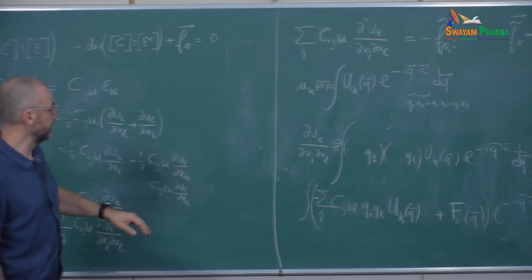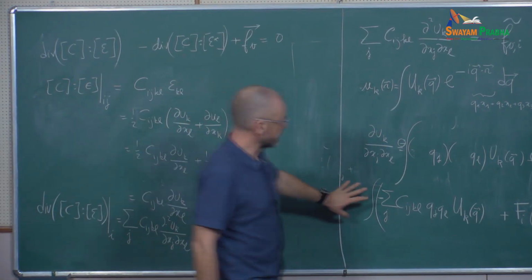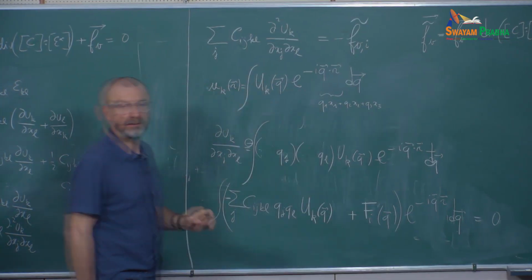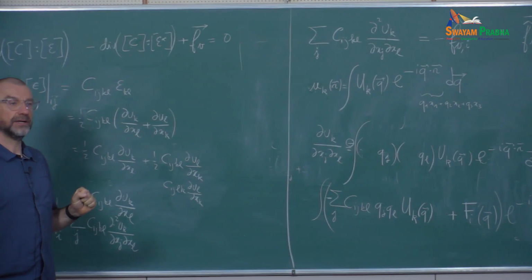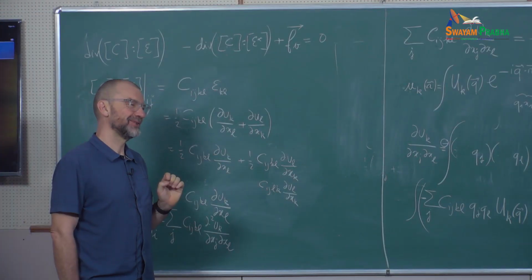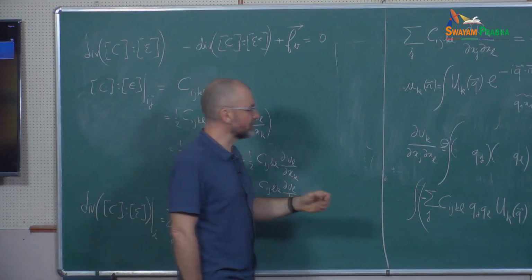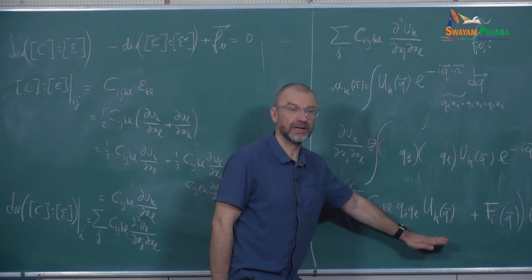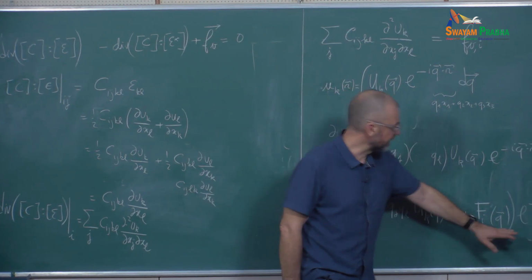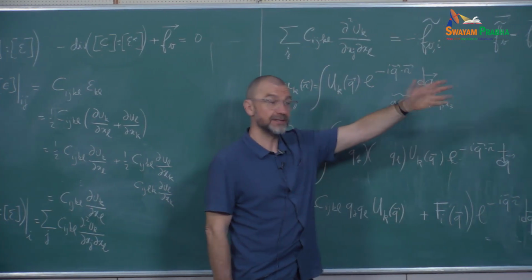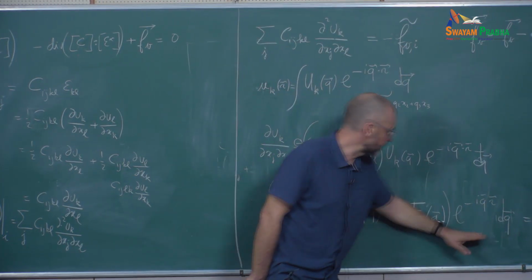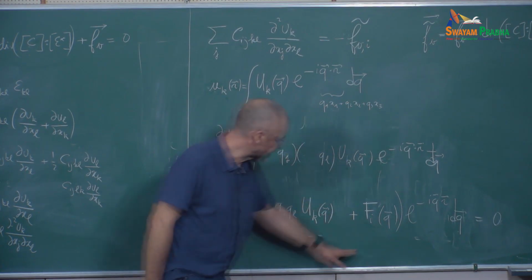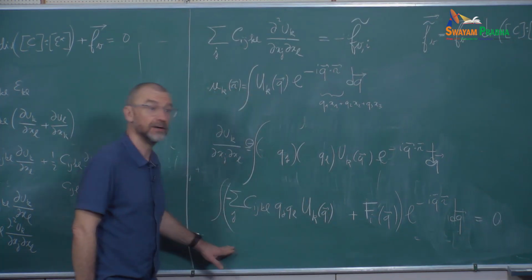So now, for those who know a bit of Fourier transforms, if the Fourier transform of this function is equal to 0, what does it mean? You can show that if the Fourier transform of a function is 0, the function itself has to be 0. In other words, the exponentials form a basis of functions, and if I have a function which is equal to 0, all its components have to be 0.